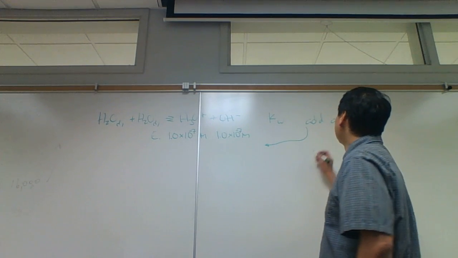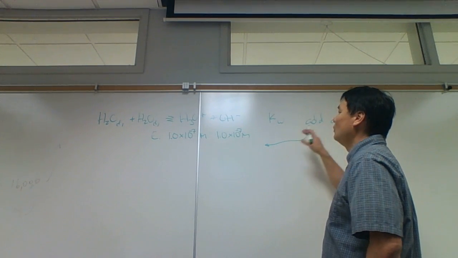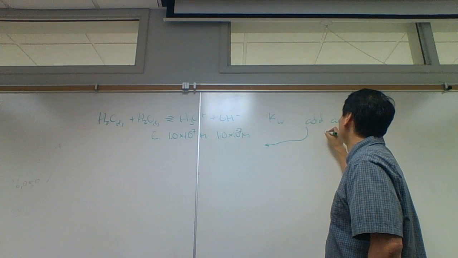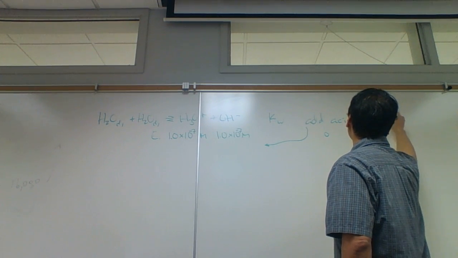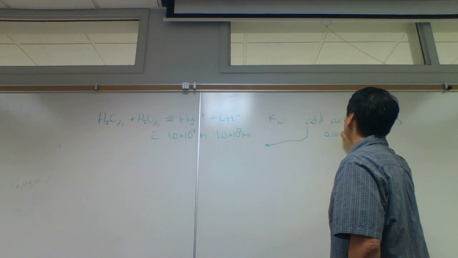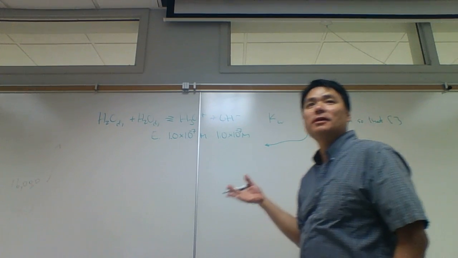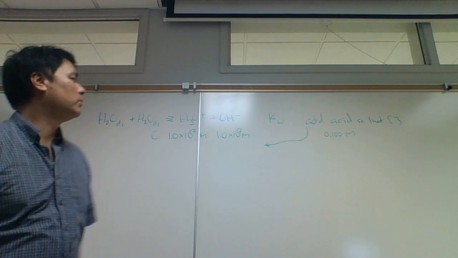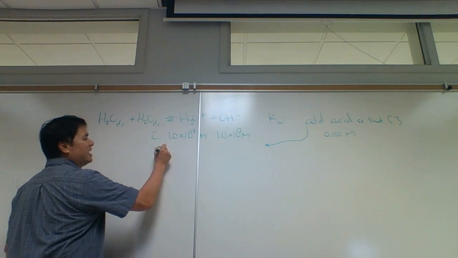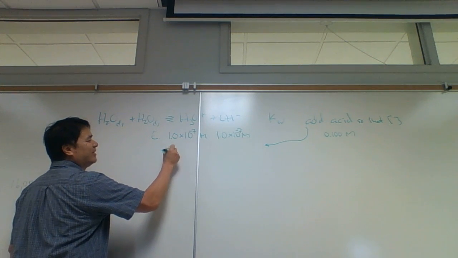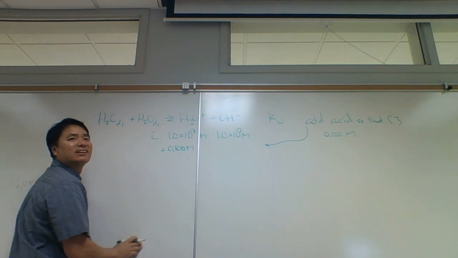Just a little bit. Let's add enough acid so that the concentration is equal to 0.100 molar. And so what that's going to do is perturb it, because now we are at equilibrium and then we add 0.100 molar acid.